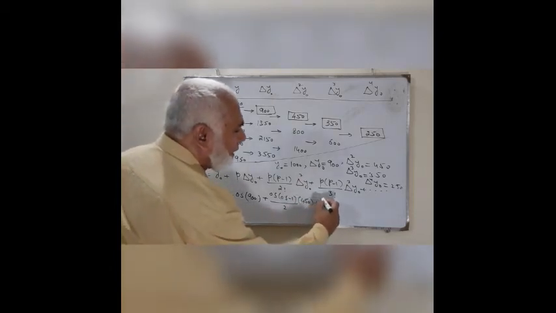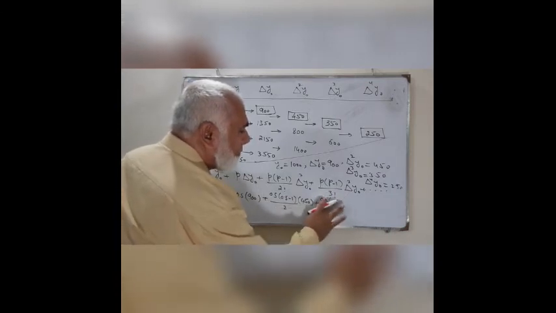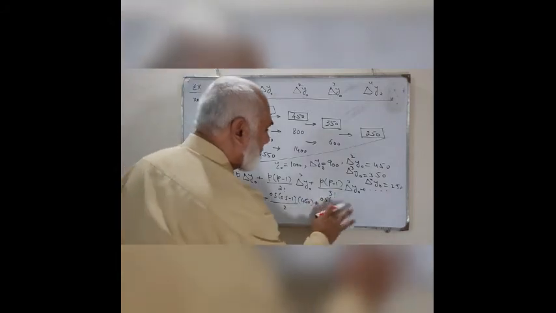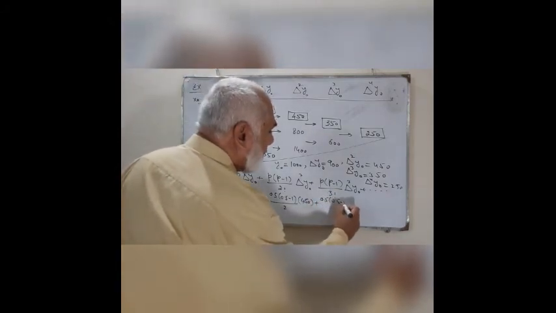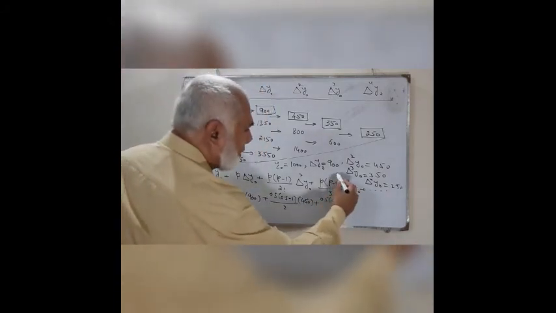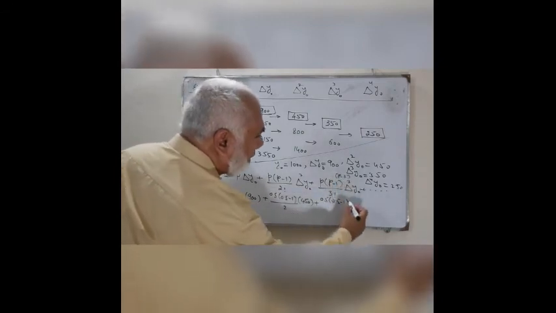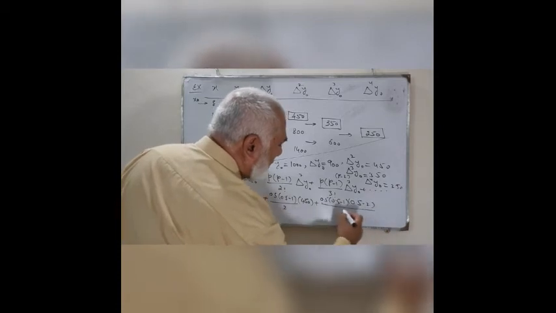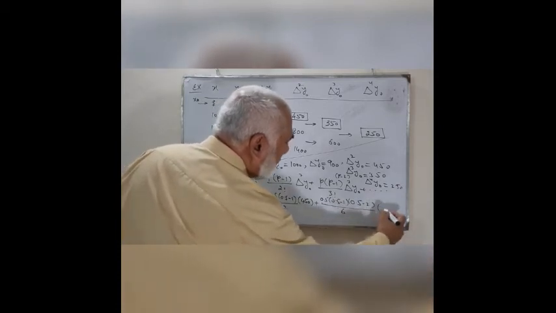The next is p into p minus 1 into p minus 2, which is 0.5, 0.5 minus 1, 0.5 minus 2, whole divided by 6, into delta 3.